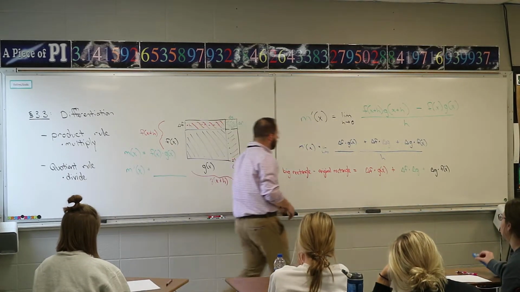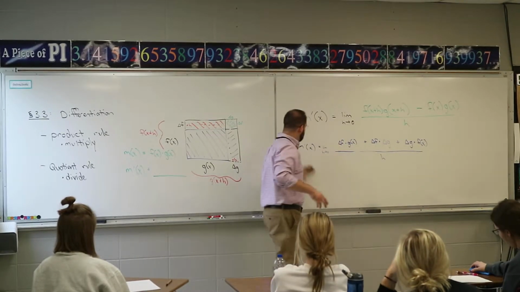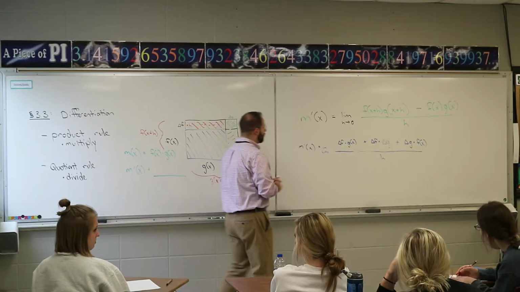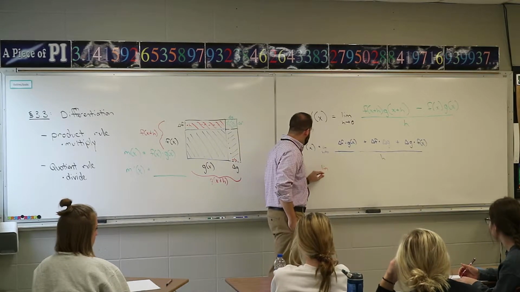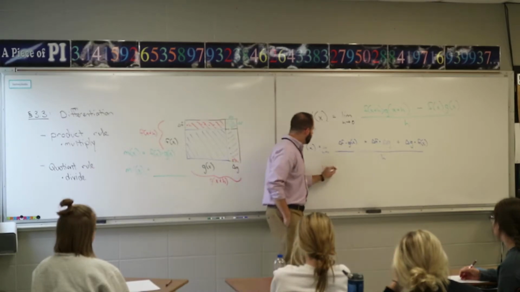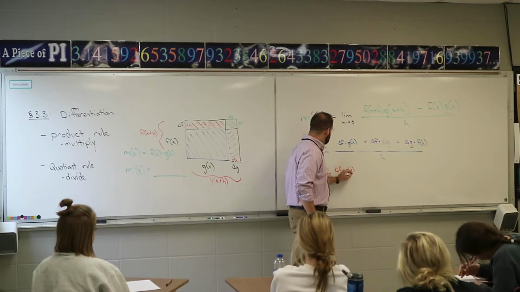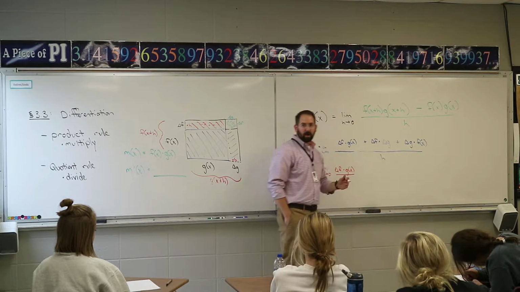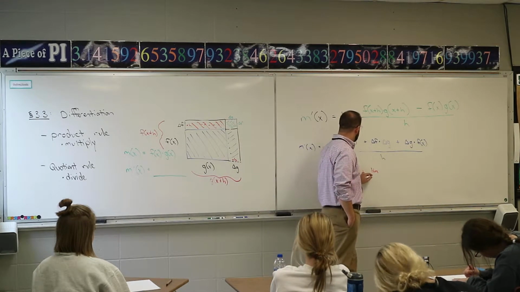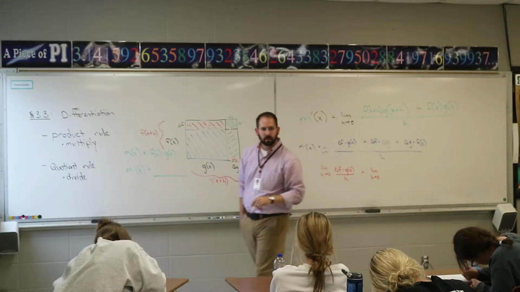So in fact, I'm gonna do that, and maybe this will be easier to look at. I can separate these. So here we go. The limit as h approaches 0 of delta f times g of x over h, like that part by itself, plus, I don't have to write this down, right? This is the part you should probably write down. Do you have to rewrite limit every time?